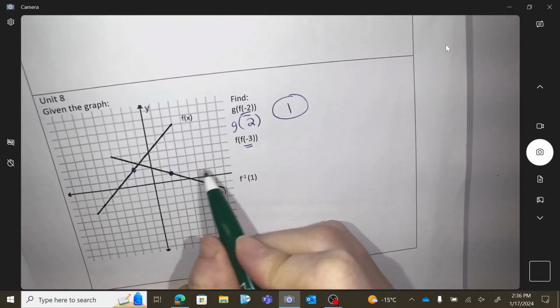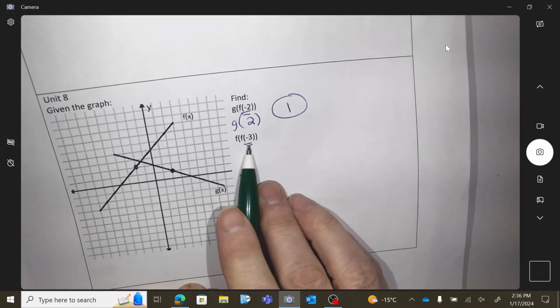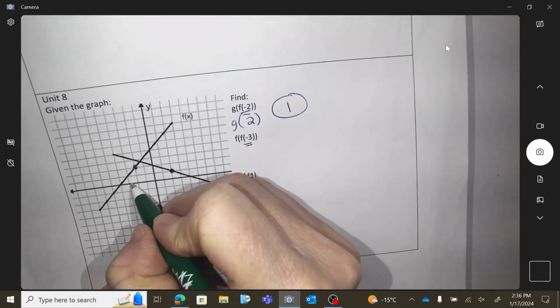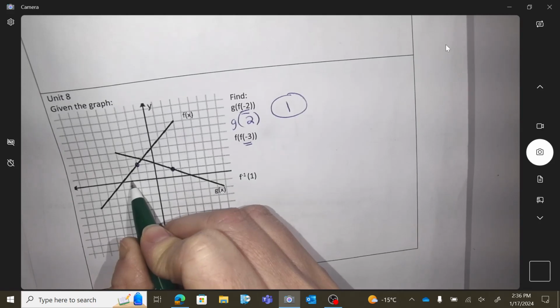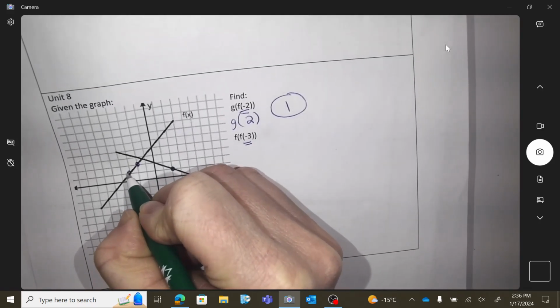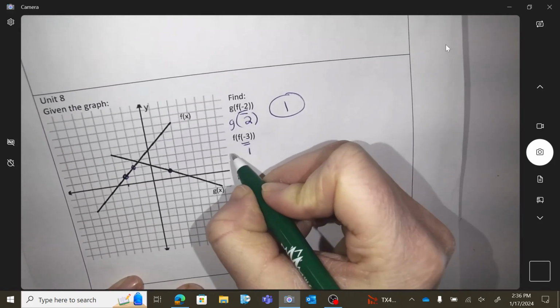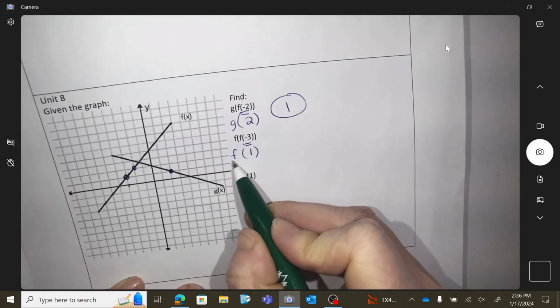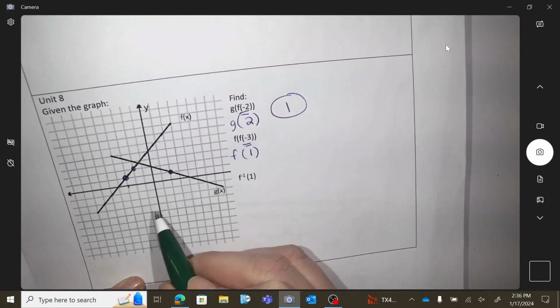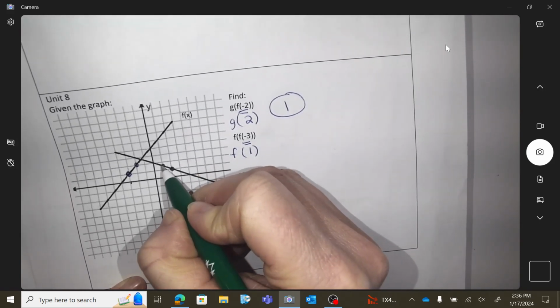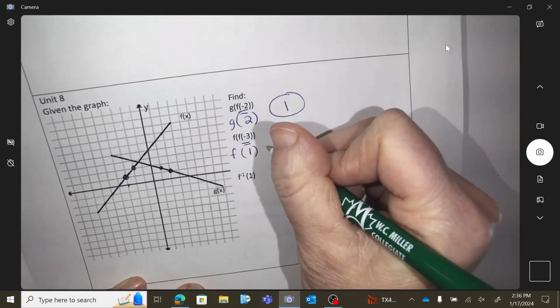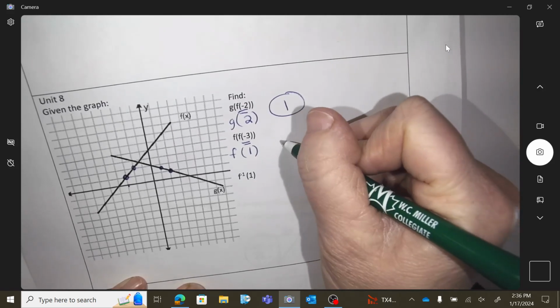A little puzzle. Okay, when x is -3, the height of f is 1. And now it's an f again, so at 1, the height is, and I got a decimal here, should we just do 1.5?